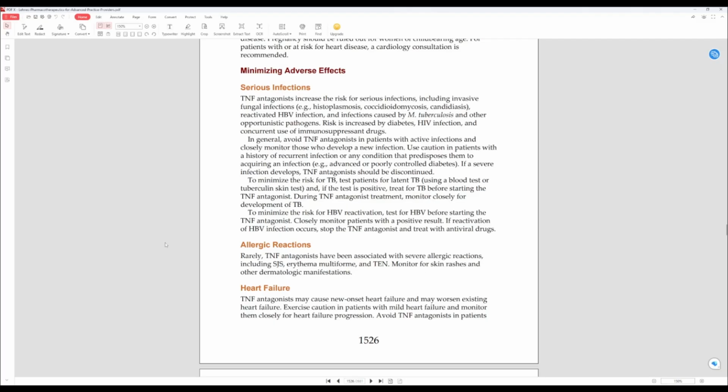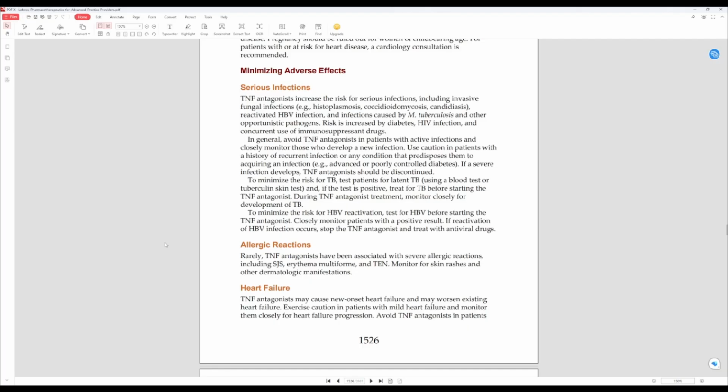So in general, avoid TNF antagonists in patients with active infections, and closely monitor those who develop a new infection. Use caution in patients with a history of recurrent infection or any condition that predisposes them to acquiring infections. If a severe infection does develop, TNF antagonists need to be discontinued.